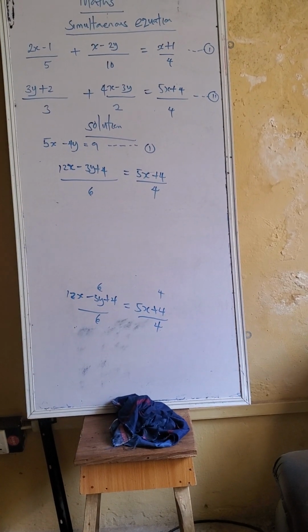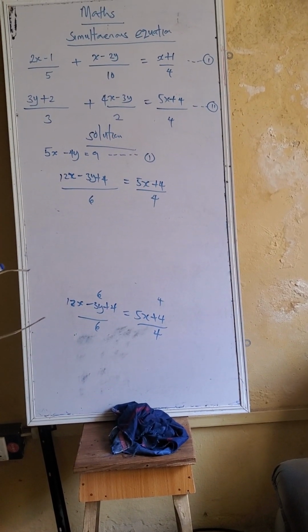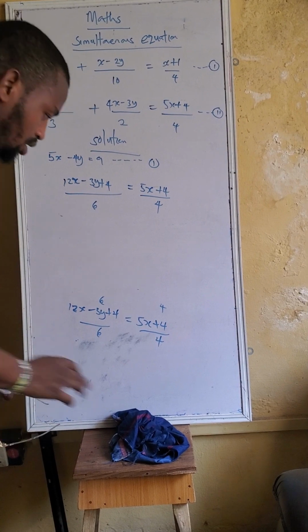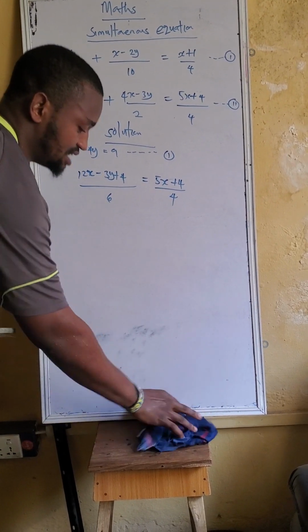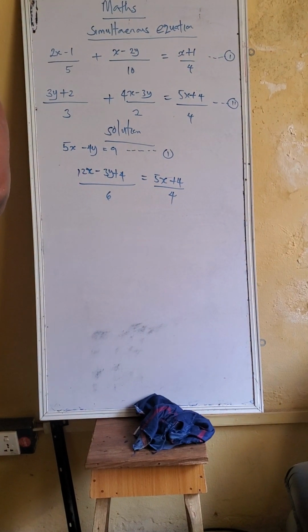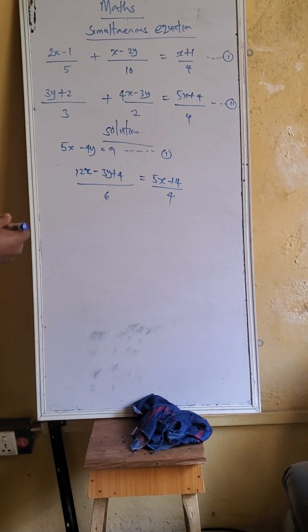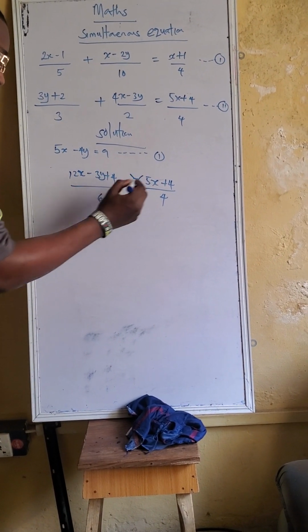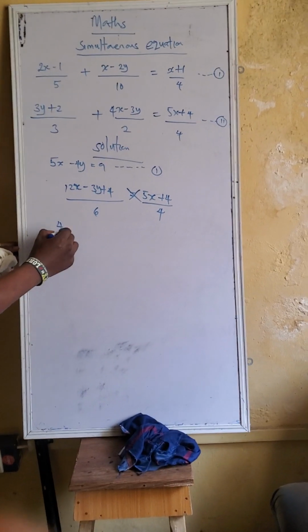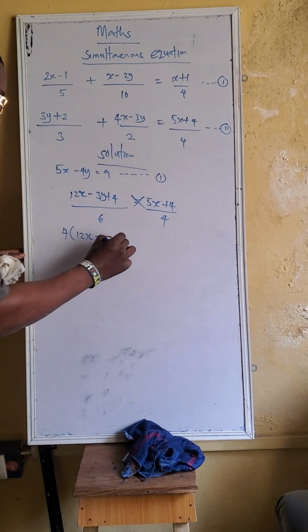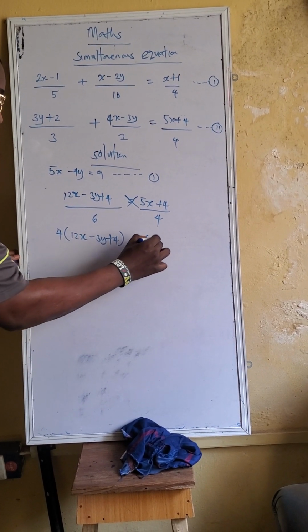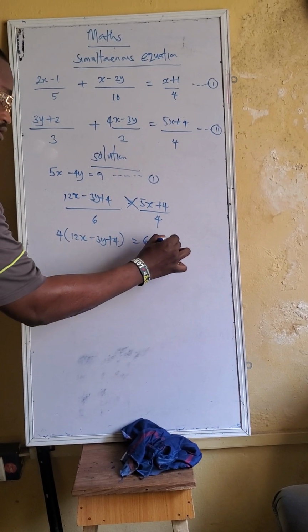Now we have arrived at a very, very valid point. The next step is to cross multiply. When you cross multiply, you have 4 open bracket 12x minus 3y plus 4 equals 6 open bracket 5x plus 4.